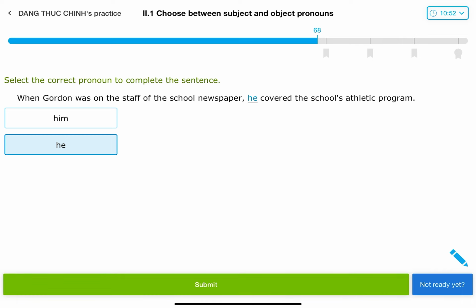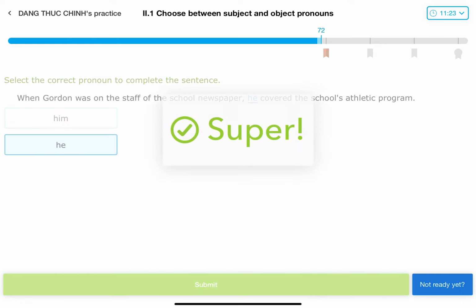Here, "When Gordon was on staff of school newspaper" stands alone and makes sense, so it is an independent clause. This one is another independent clause. Two independent clauses standing together, and we look at the second independent clause after the comma. Here, "he" is being used as a subject in this next independent clause, so it is definitely a subject pronoun.